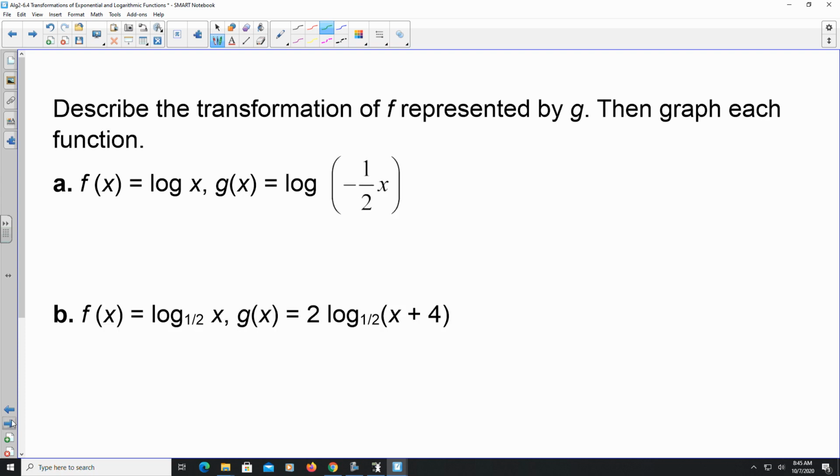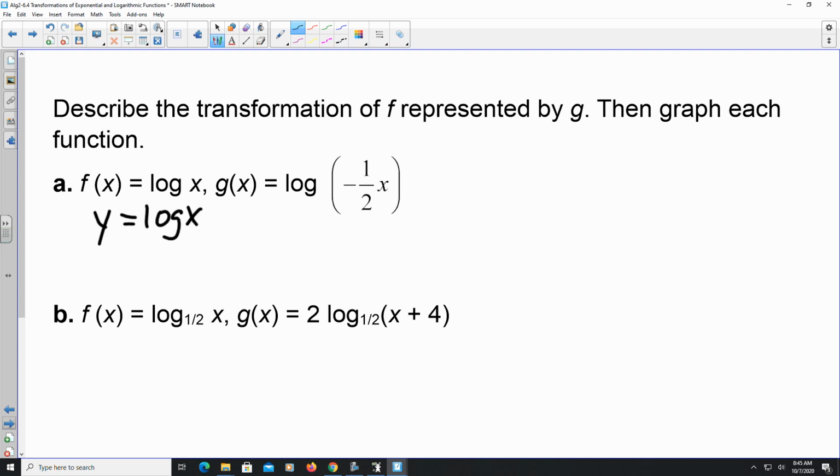Looking at a logarithmic equation and asking us to graph the function. So for this first one, it says I have f of x equals log of x. So I'm just going to write this as y. So y equals log of x.